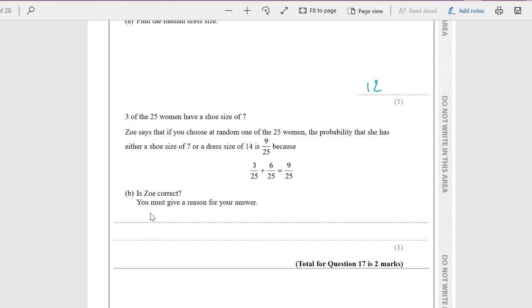So, Zoe would not be correct, no. Because some of them might have shoe size 9 and dress size 14.